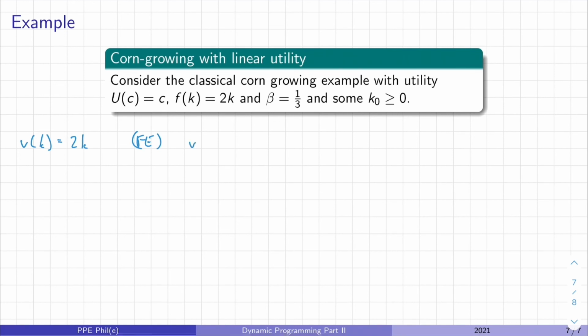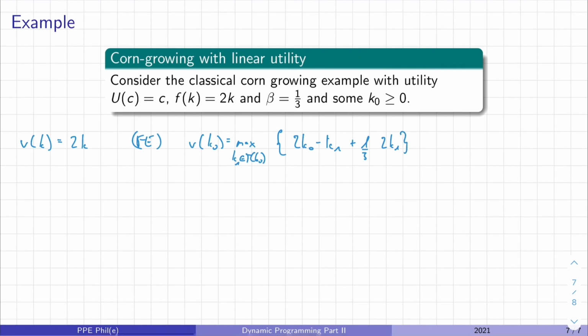And so we say that v(k0) is equal to the maximum over k1 feasible from k0. Now f is just a linear function, so we have 2k0 minus k1 as our f function, plus beta, which is 1/3, excuse me, and our value function is 2 times k1. So what's the maximum of this?